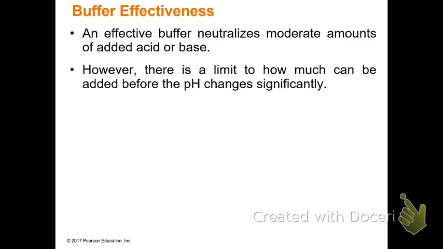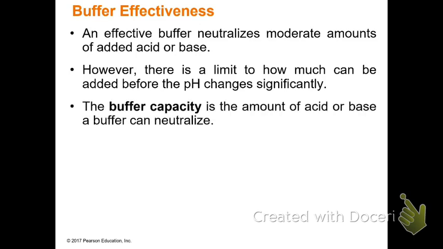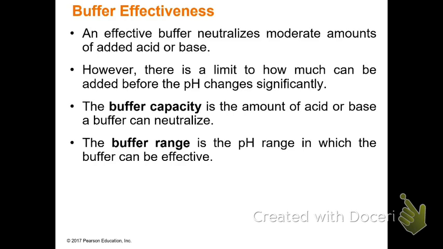Okay, so before we can talk about effectiveness, we're gonna cover two terminologies here. The first one is buffer capacity, which is the amount of acid or base a buffer is able to neutralize. Okay, that would be the buffer capacity. Buffer range, on the other hand, is the pH range in which the buffer can be considered effective.